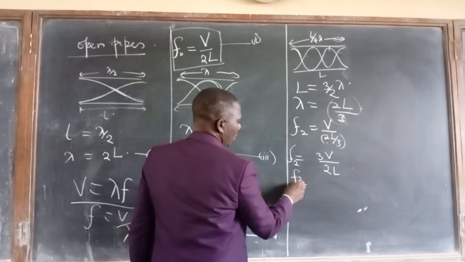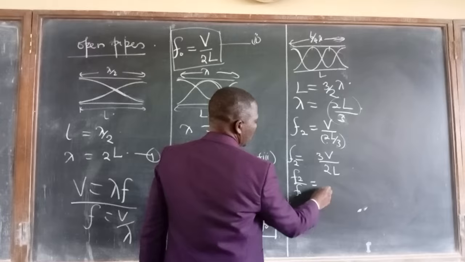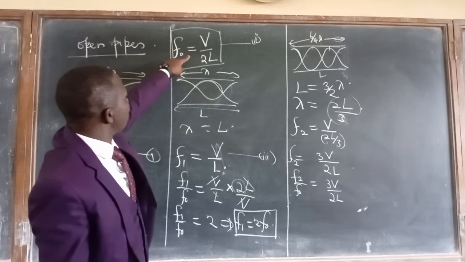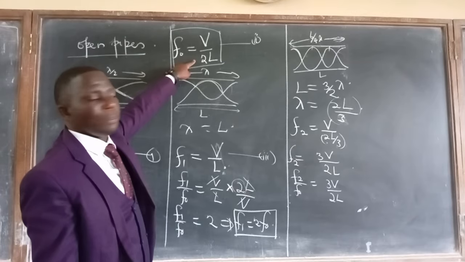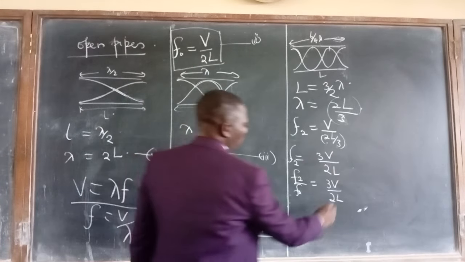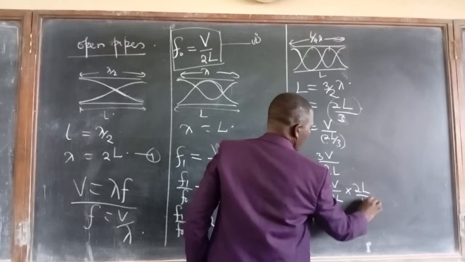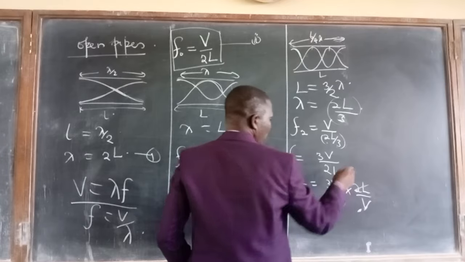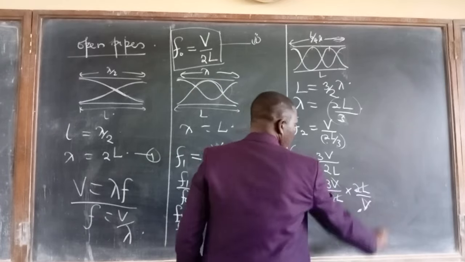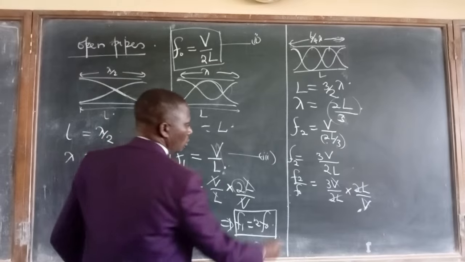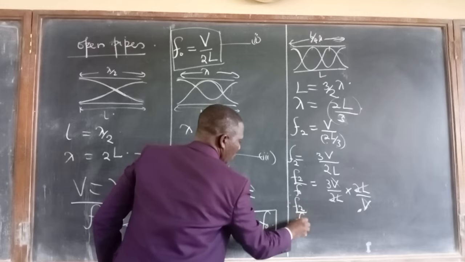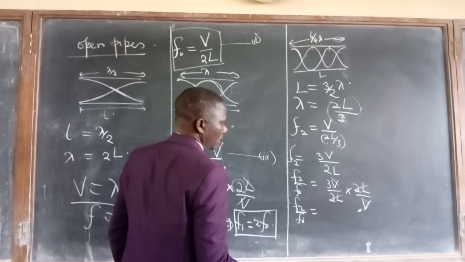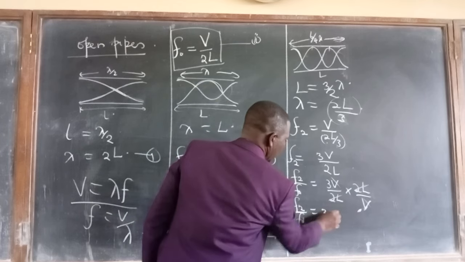Do the same. F2 out of F0 is 3V out of 2L, divided by this same F0, we shall multiply by the reciprocal, which will be 2L out of V. And so the 2L here would cancel, the V would cancel, and so we will have F2 out of F0 equaling 3.